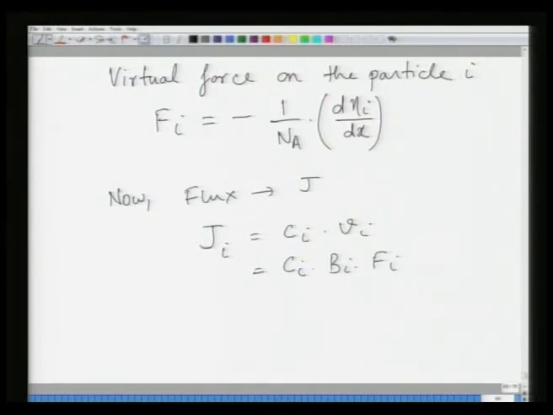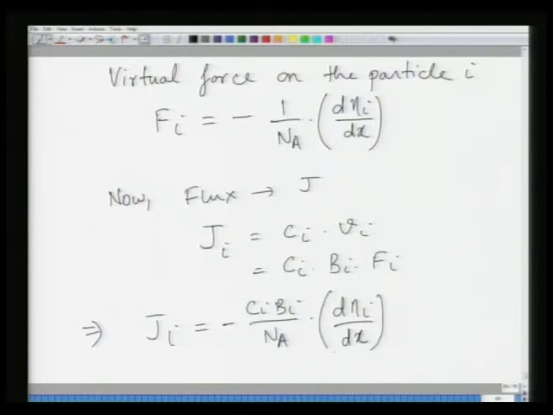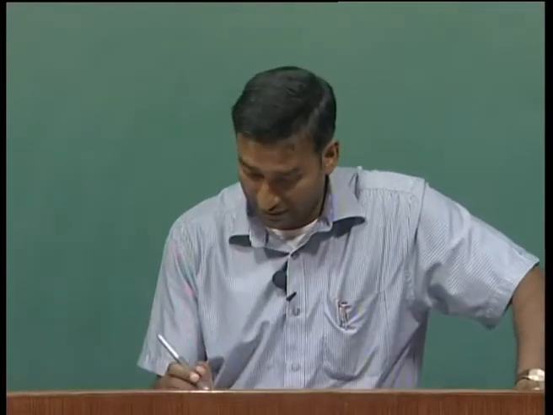So, now if you replace the F I from the above expression, this J I can be written as minus C I B I divided by N A into d eta I by dx. Up to this point we are fine. This shows that the flux is related to the derivative of the electrochemical potential.